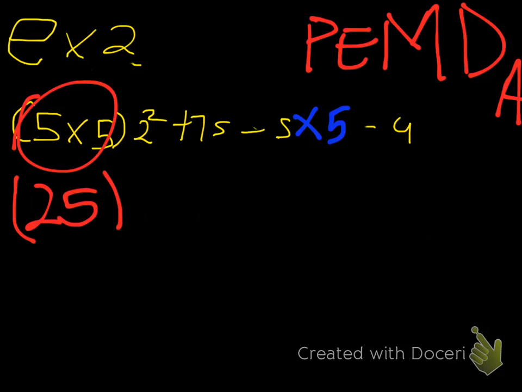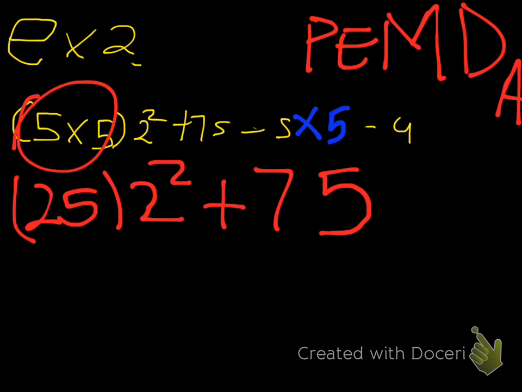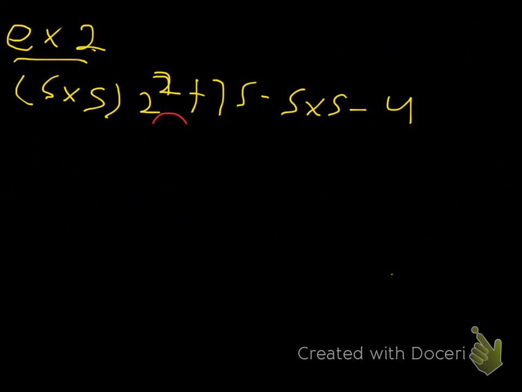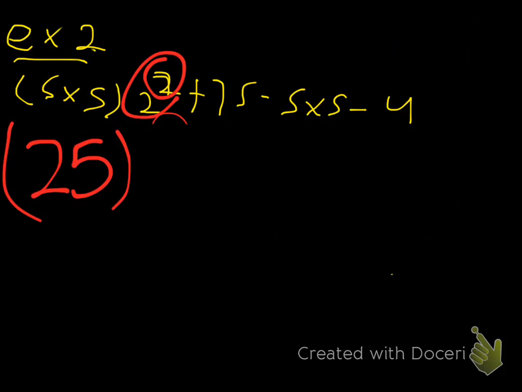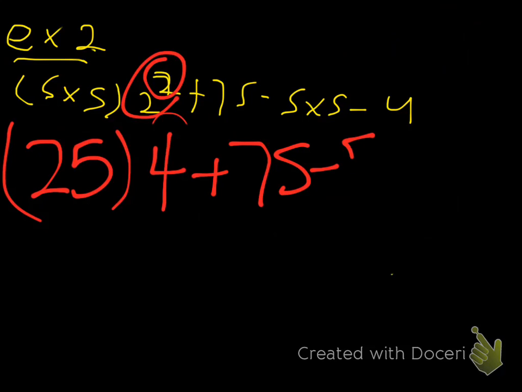So it's 5 times 5 equals 25 with the parentheses and the exponents, plus 75. Okay. Now that we have 25, you do the next step, which is the exponent. So you do 2 times 2, which is 4. So you have 4 with 25 plus 75 minus 5 times 5 minus 4.